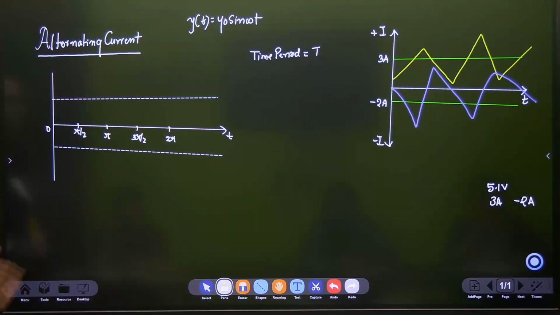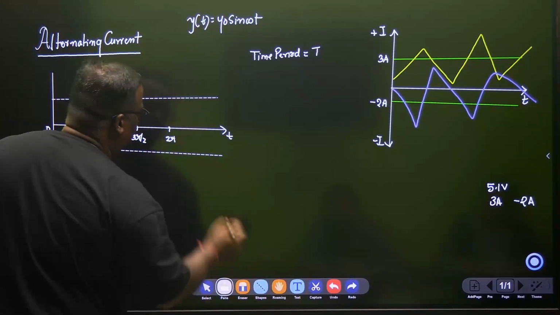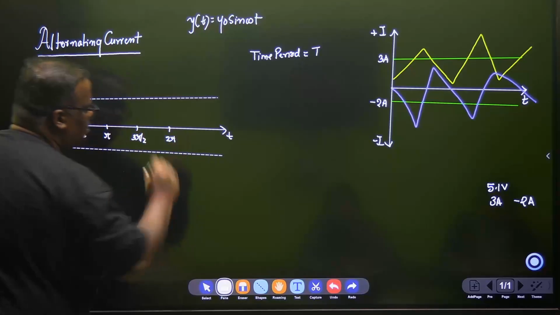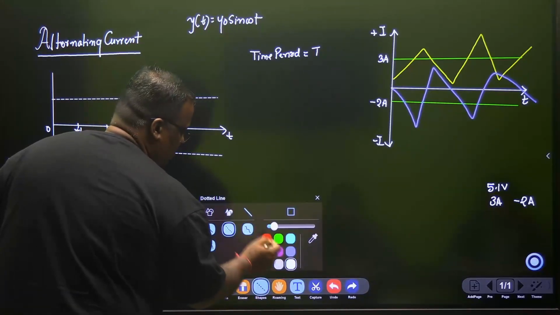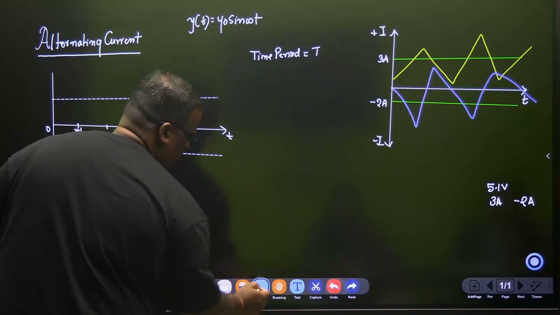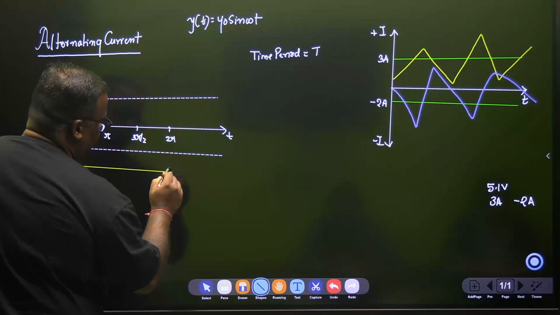The time taken till here, this time is known as the time period.